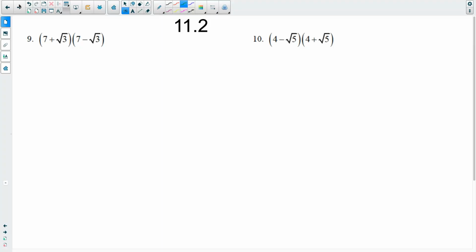So I double distribute. And so I get 7 times 7. I put 49 down. What's 7 times negative square root of 3? So this is 11, 2 again. We're looking at problem number 9. So 7 times negative square root of 3.